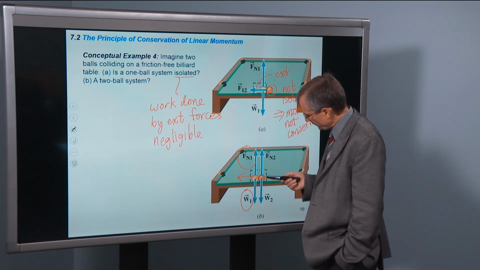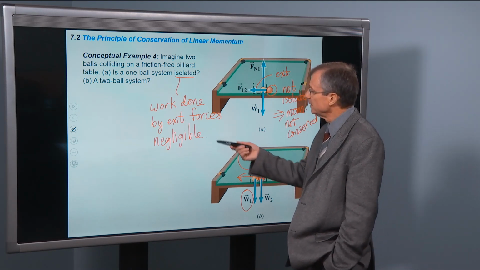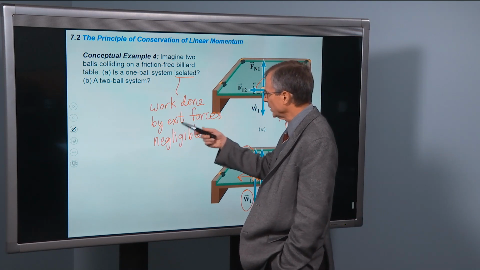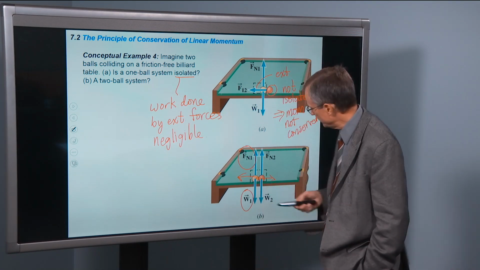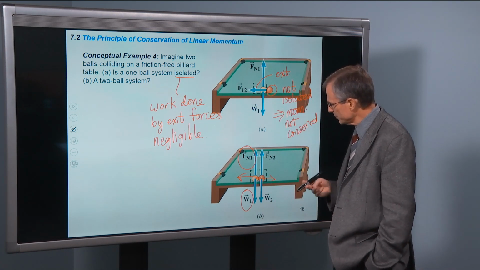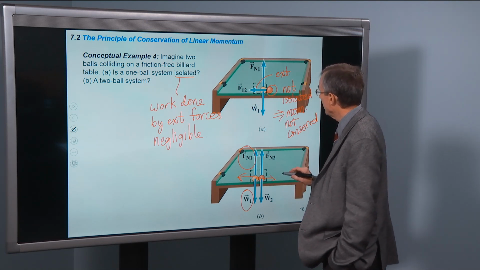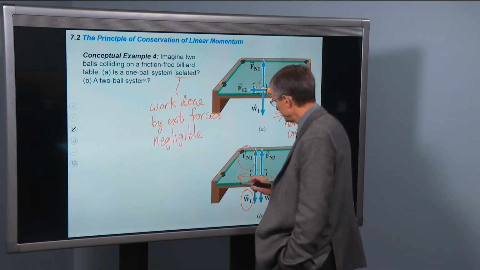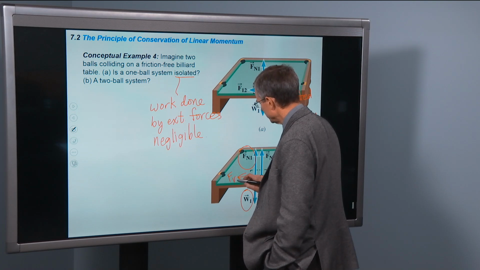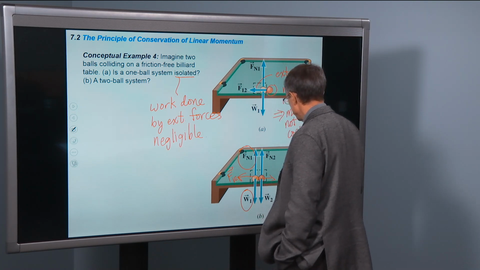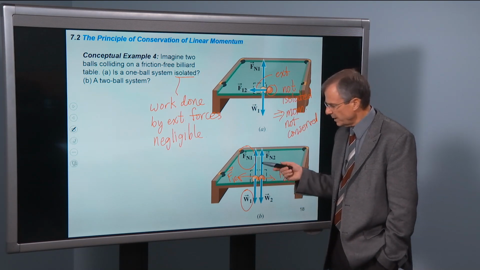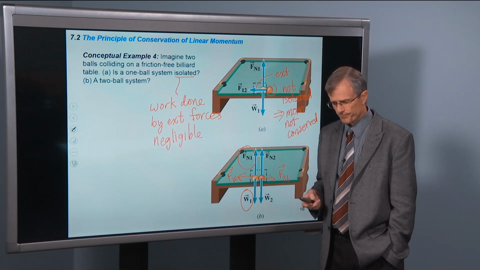Well, is it isolated? Namely, is the work done by external forces negligible? Well, first of all, if we could compare this collision, F12, the force of collision, with the other forces involved.